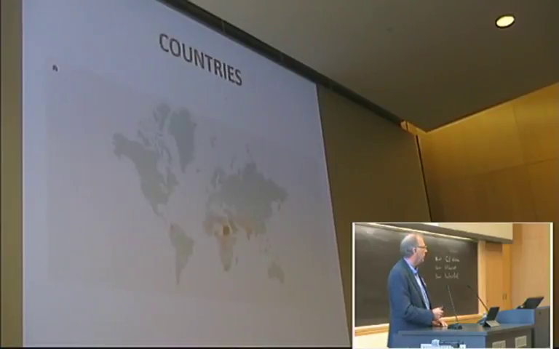Now, where do you find child soldiers? So you can see they're not confined to a small number of countries. Most of them you see in a small band in Africa, varying from Sierra Leone in the west to South Sudan in the east. Now, South Sudan is in red because that country has the largest number of child soldiers. You might have looked at the news this week and seen that South Sudan is making a very strenuous effort to demobilize and integrate child soldiers from the various armed groups.